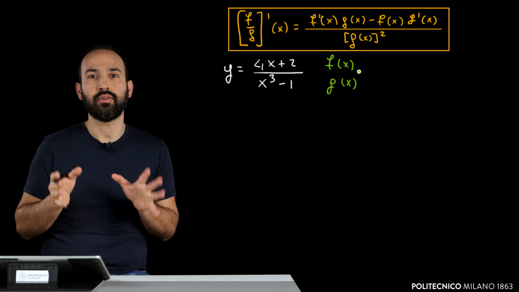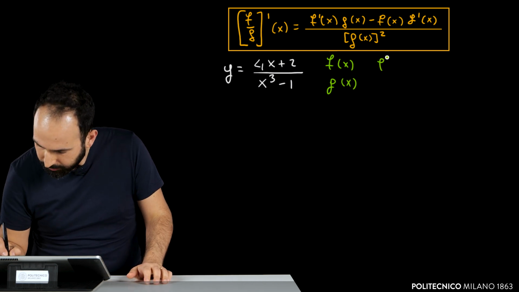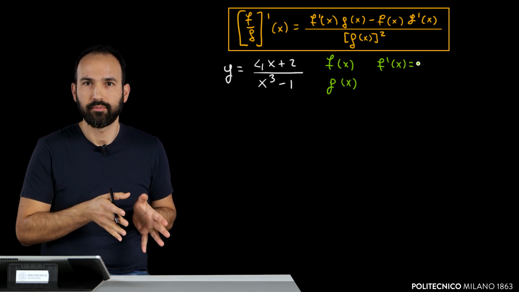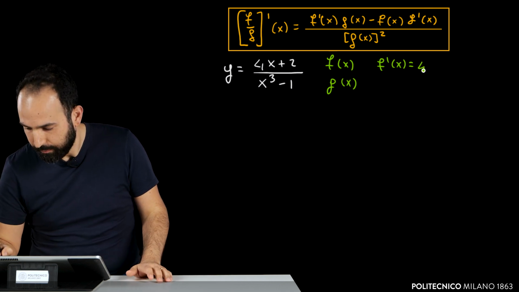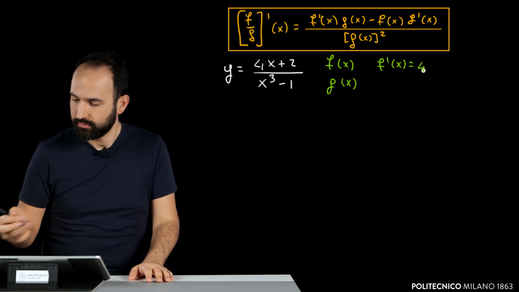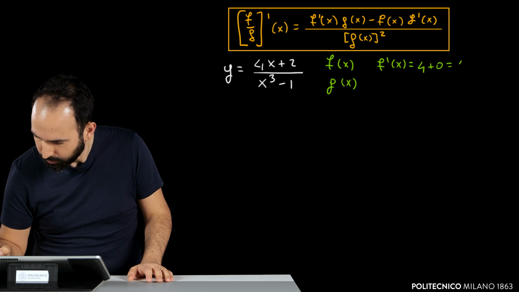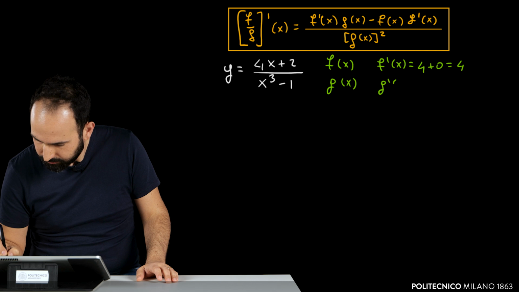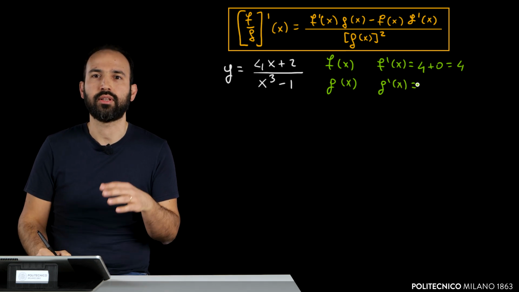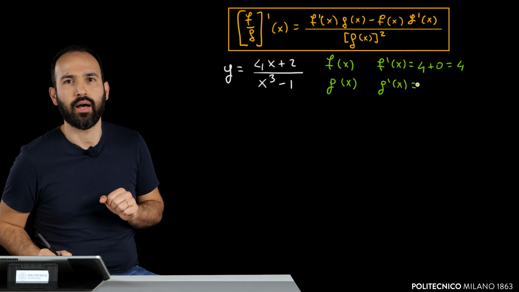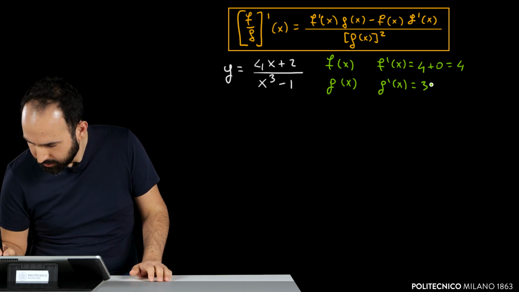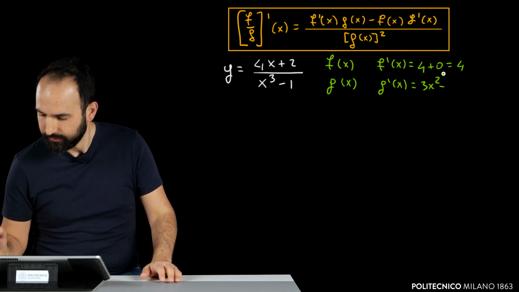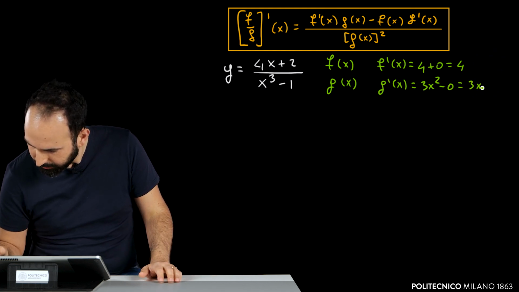Let's first compute the derivative f prime, that is the derivative of 4x, which is 4, plus the derivative of constant 2, namely 0. So we have 4. And in the same way, the derivative g prime, is the derivative of x to the power of 3, that is 3x squared, minus the derivative of the constant function 1, that is 0. So we have 3x squared.